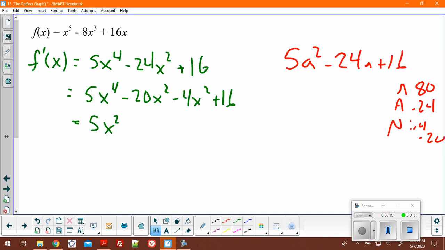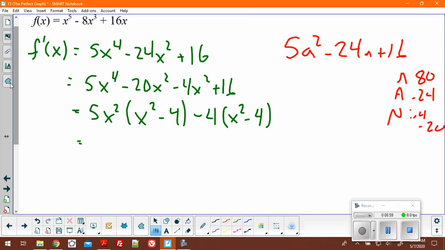So 5x squared times x squared minus 4, minus 4 times x squared minus 4. And so we get x squared minus 4 and 5x squared minus 4.